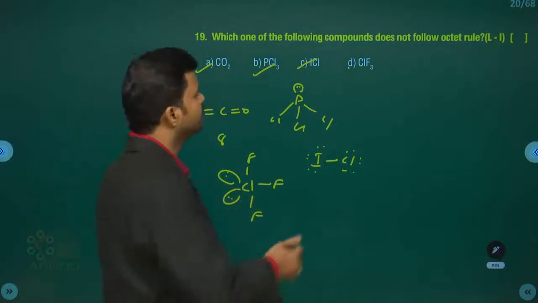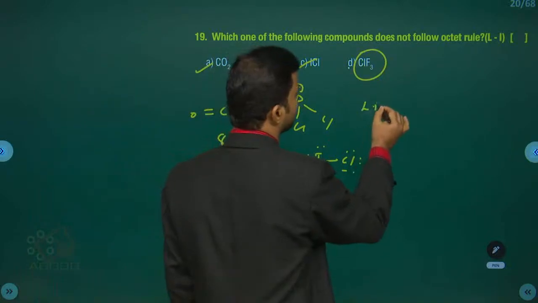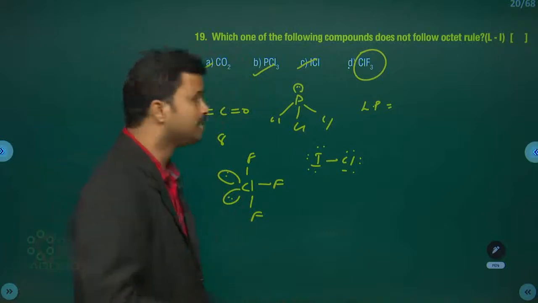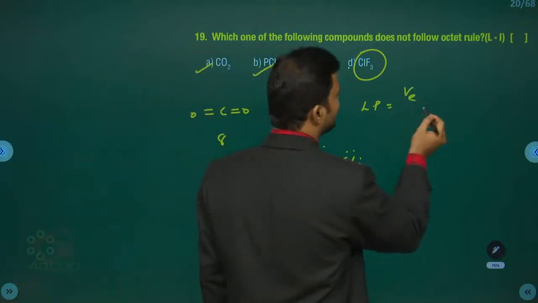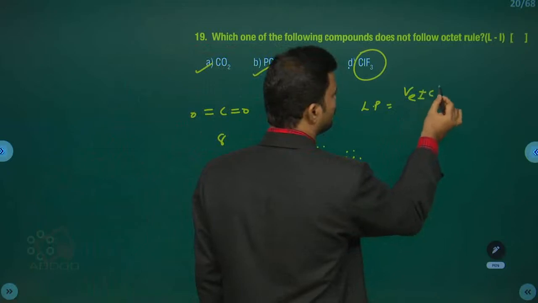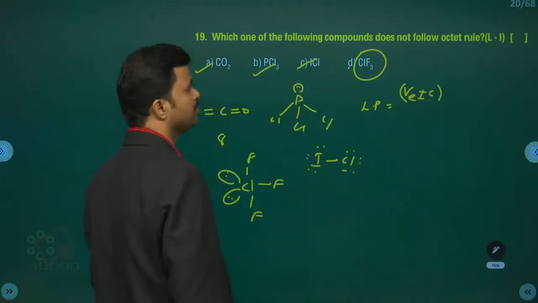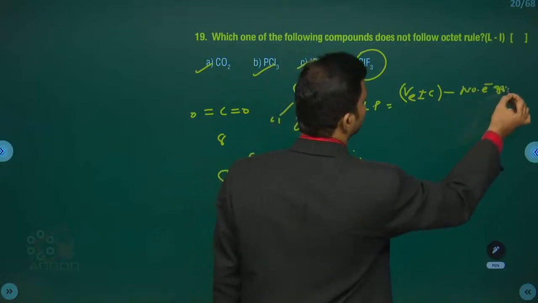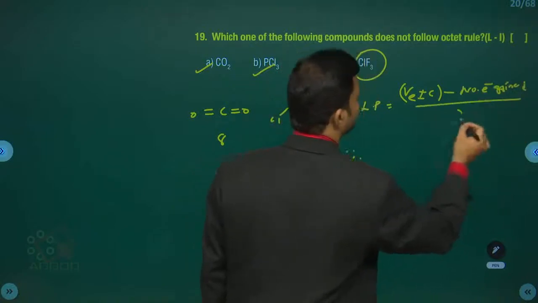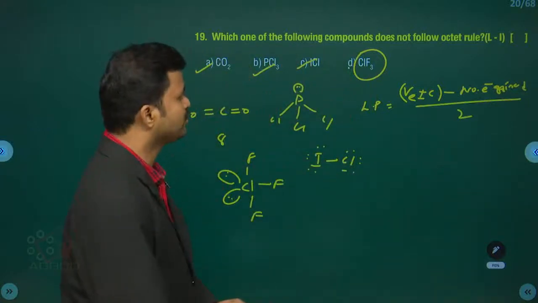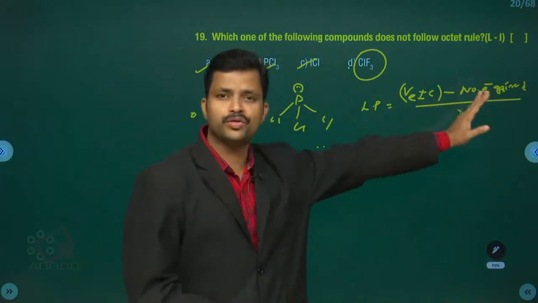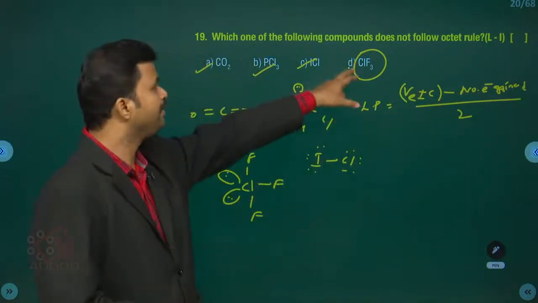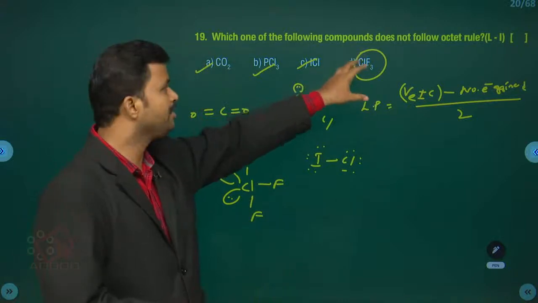How to calculate the lone pairs? Be good at the formula, note this down. Number of lone pairs equals valence electrons of the central atom plus or minus charge of the given unit, minus number of electrons gained during the bond formation, divided by 2. Do we have any charge in ClF3?